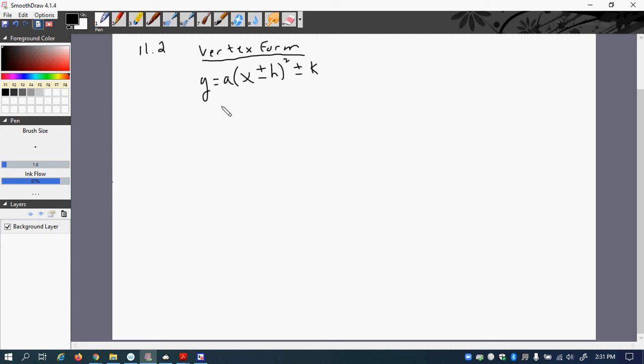And this is useful because now we know A tells us if it's a positive A, then the parabola is going to go up. If it's a negative A, then the parabola is going to go down. If A is greater than 1, then we have a vertical stretch.